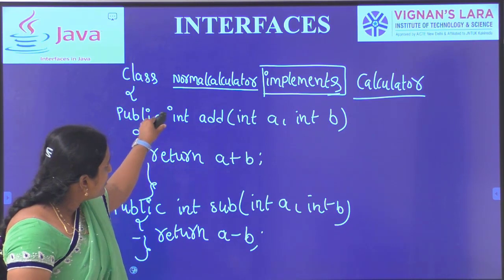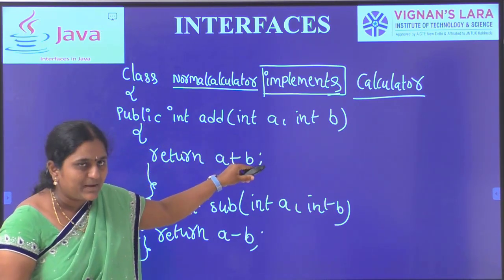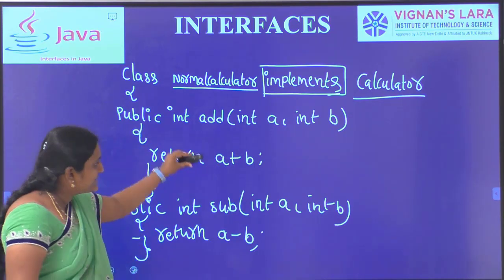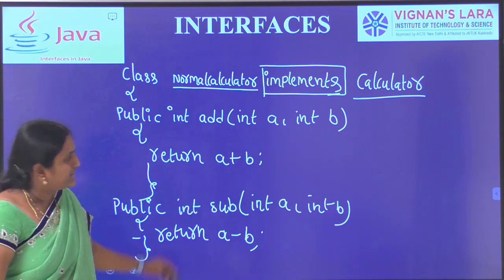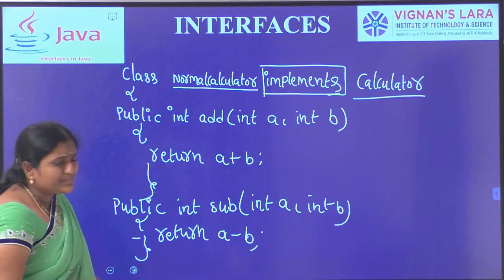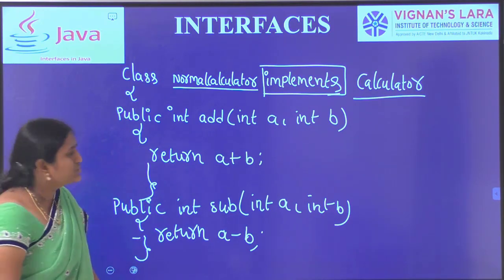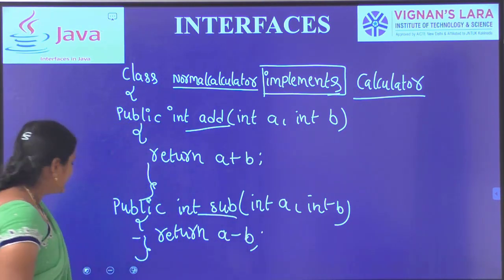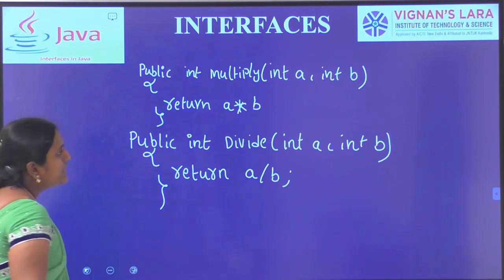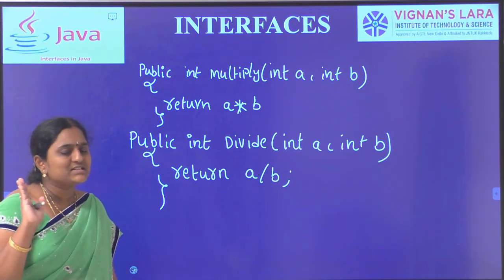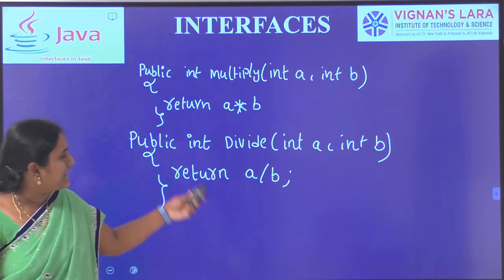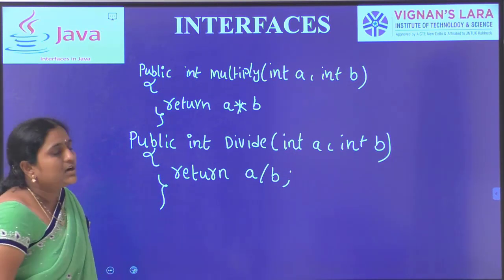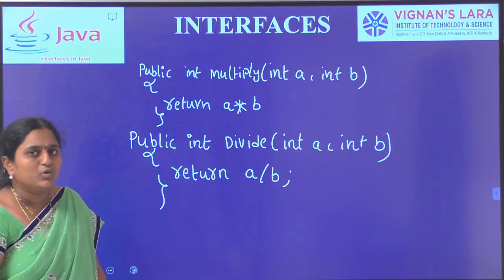In the interface we have already declared 4 methods: add, sub, multiply, divide. In the NormalCalculator class we have already provided implementations of these 4 methods.